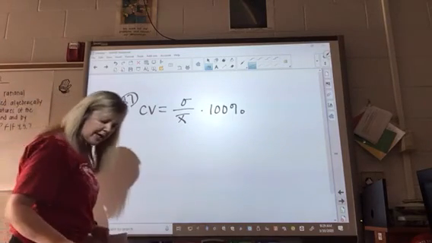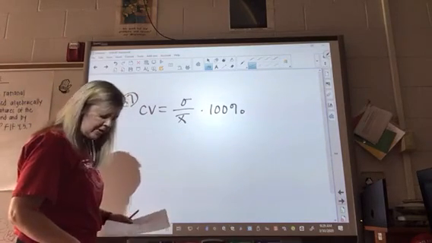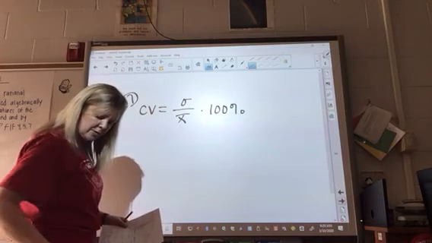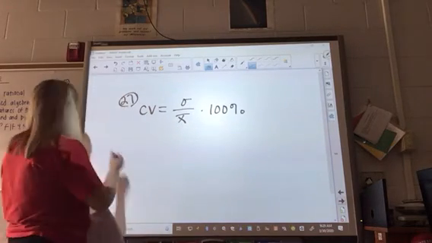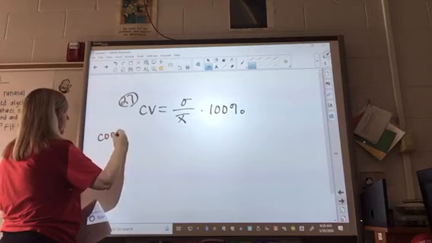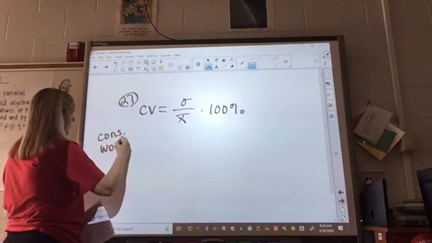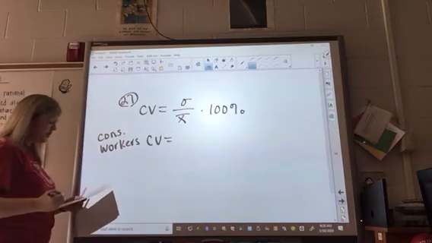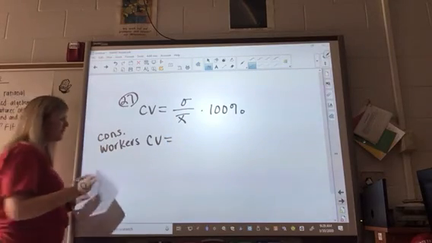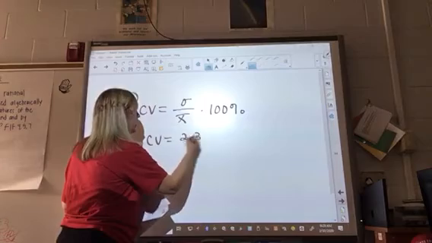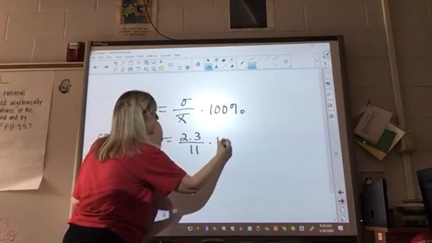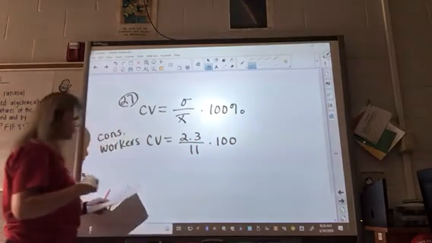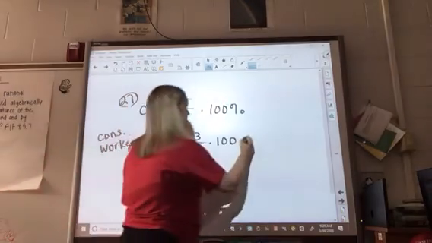We've got two kinds of people that we're talking about. We're talking about construction workers. It tells us that their standard deviation is 2.3. Their mean is 11. I'm going to multiply by 100.